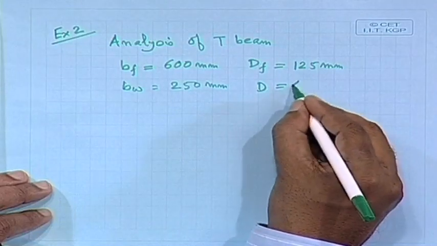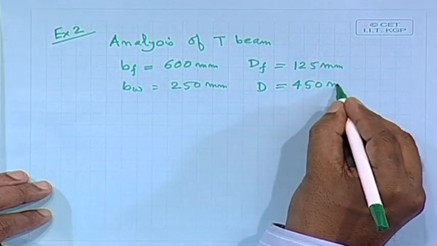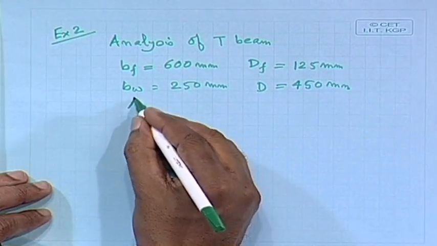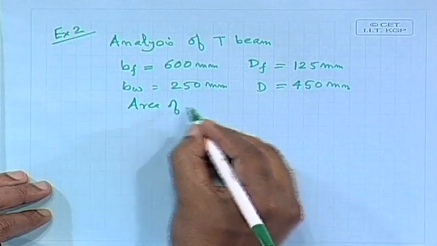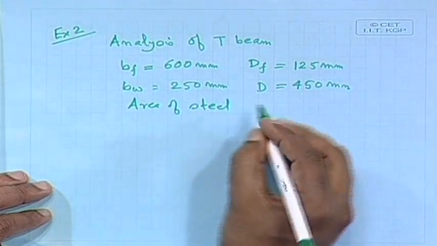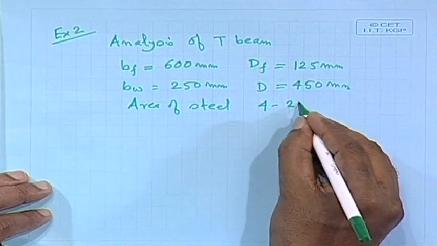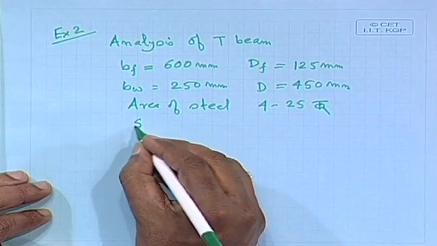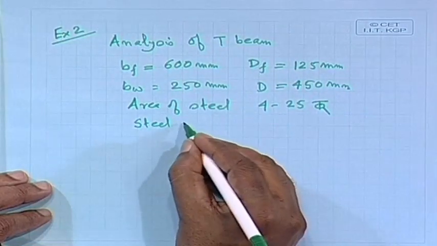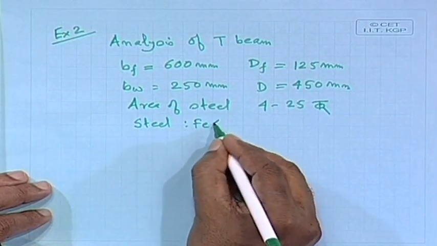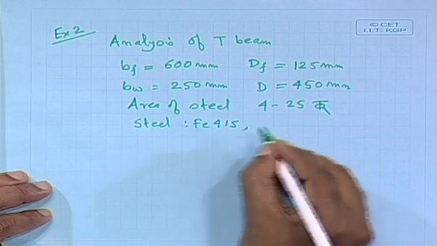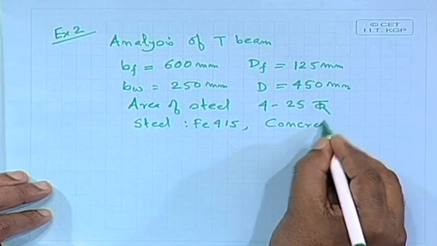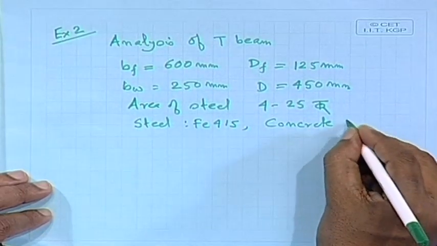D 450 millimeter, area of steel 4 numbers 25 torr, steel Fe 415, concrete M20.